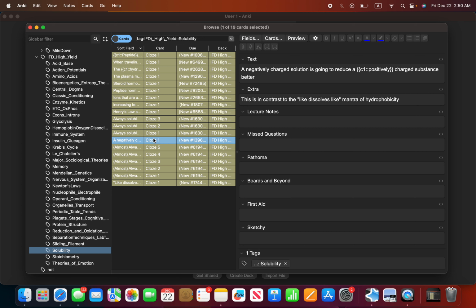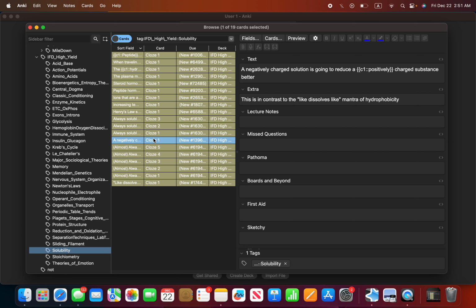Let's say we have a positively charged substance, like a proton. That's too small. Let's say we have lysine or arginine, and it is positively charged. So you want to reduce that. Gain of electron is reduction, right?